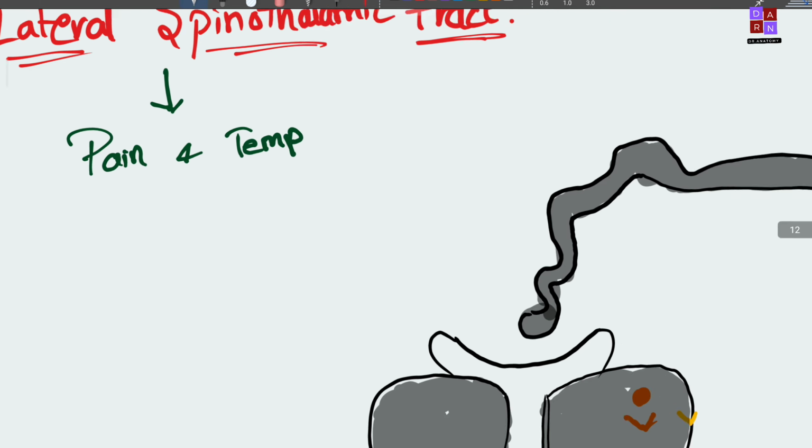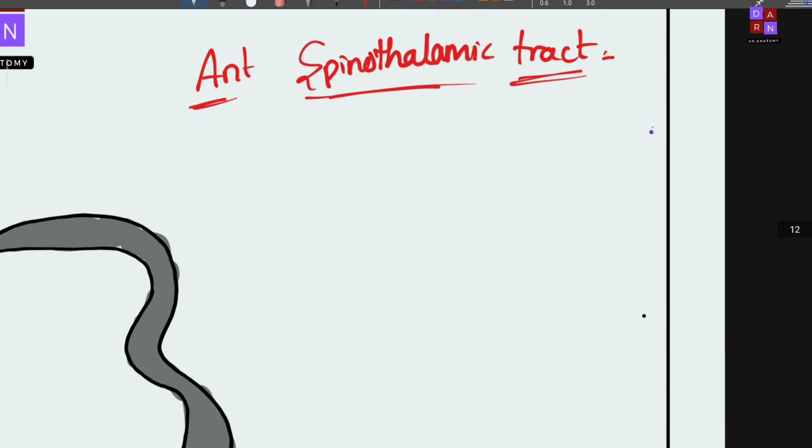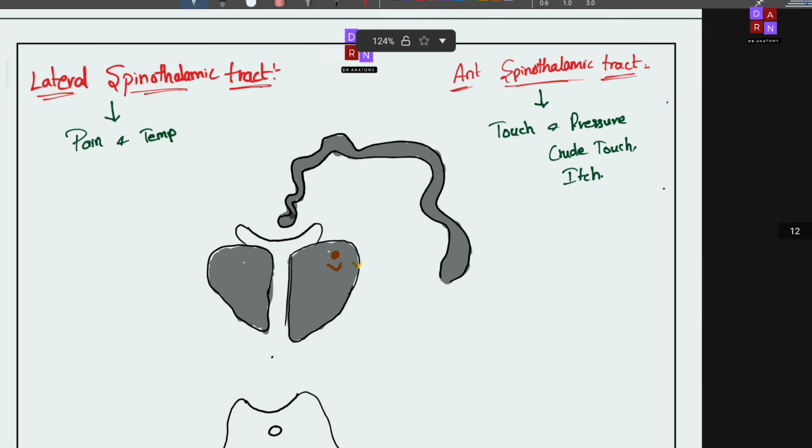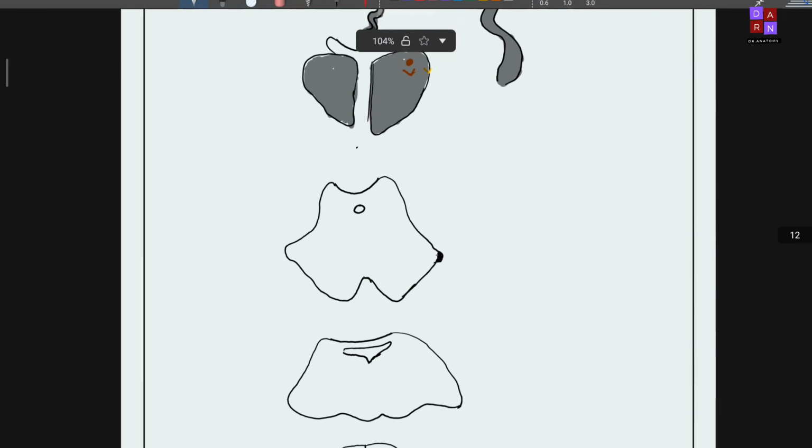The anterior spinothalamic tract carries touch and pressure, crude touch, and itch. These are the sensations that the anterior spinothalamic tract carries.